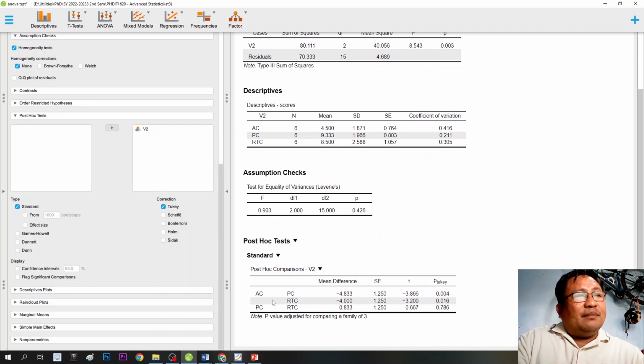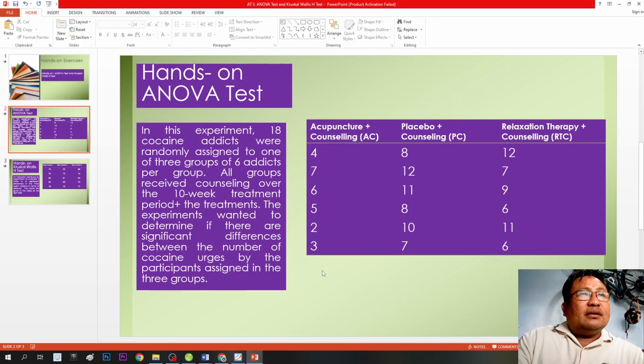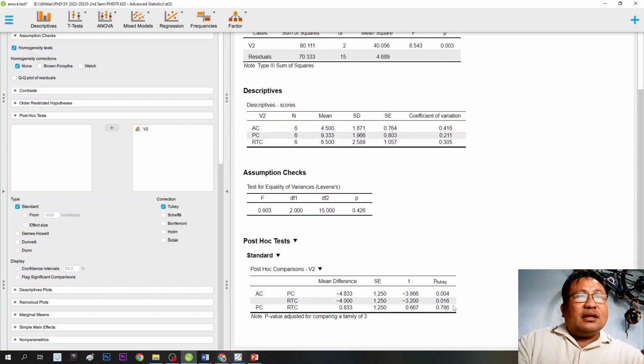At the same time, acupuncture plus counseling and RTC, or relaxation therapy plus counseling, has 0.016 as its p-tukey, meaning there is a significant difference between AC and RTC.